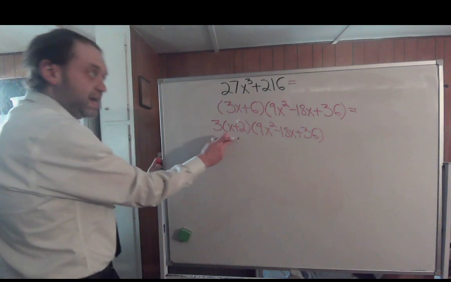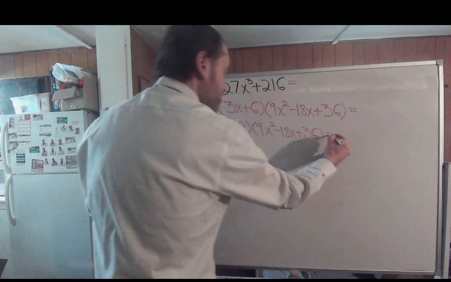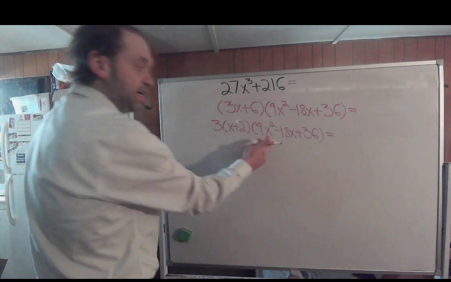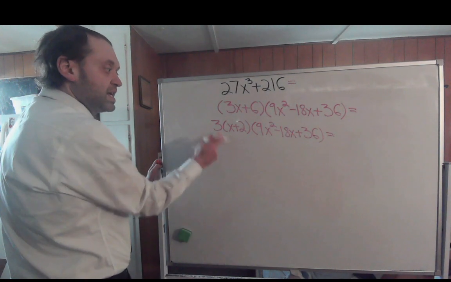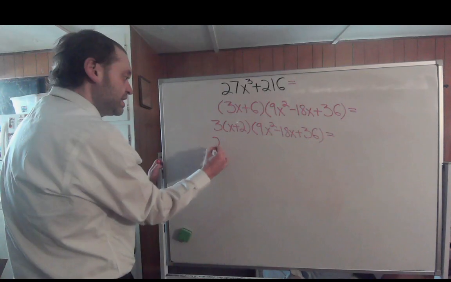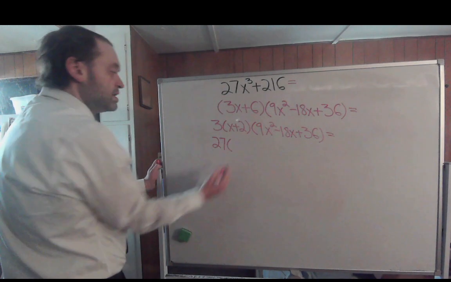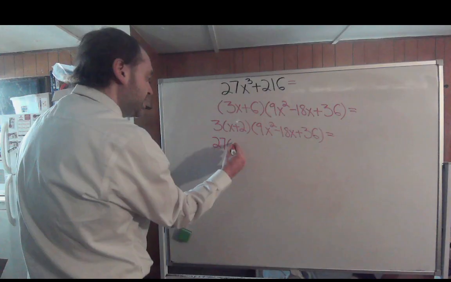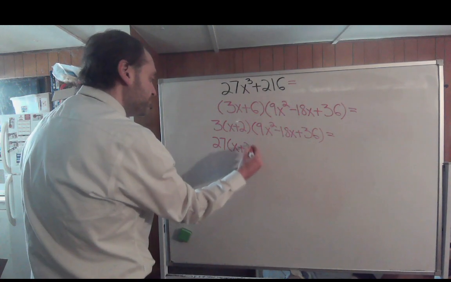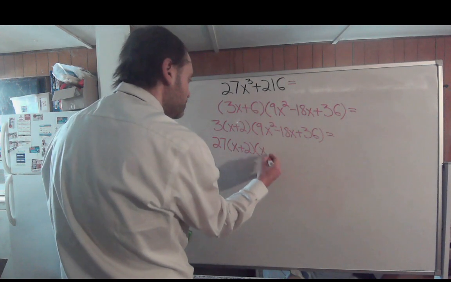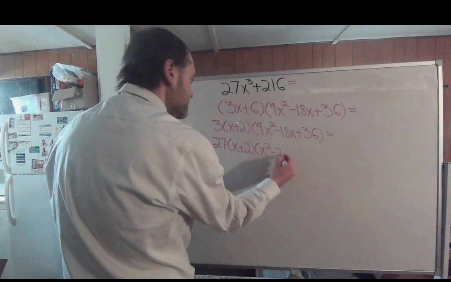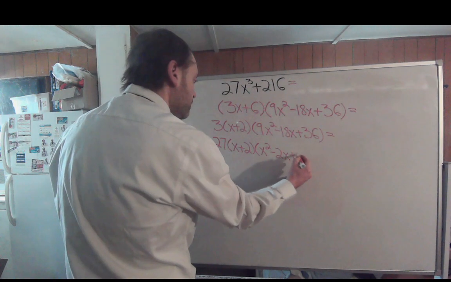Well, your first factor is completely factored, but what about your second factor? You definitely have a common 9, don't you? So factor out a 9. If you take 9 times 3, you'd actually end up getting 27 times the quantity of x plus 2 times, then you would end up having x squared minus 2x plus 4.